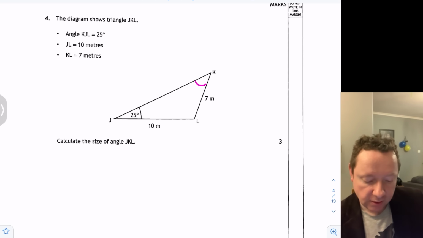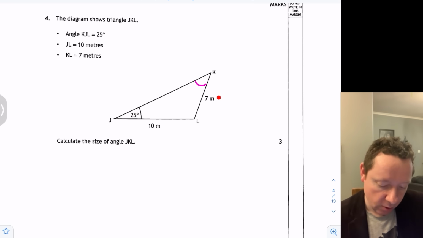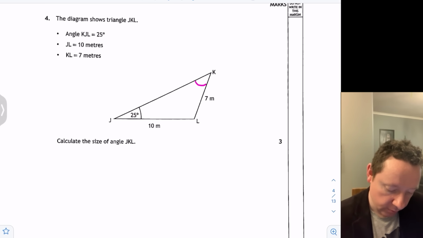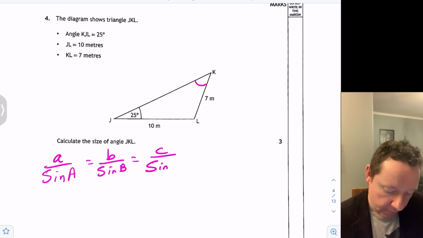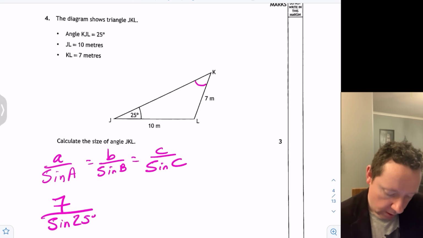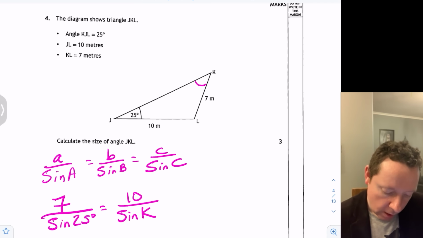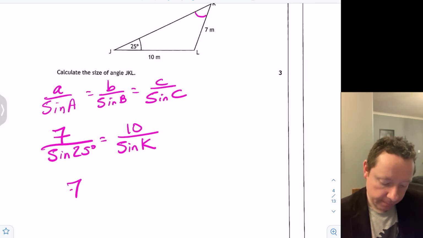So it looks like this is a sine rule because you've got opposite, opposite. So I can say, just remember from the start of the exam paper, a over sine A is b over sine B is c over sine C. So the information I've got is 7 over sine 25 equals opposites, 10 over sine K. So we can do 7 times sine K is 10 times sine 25.